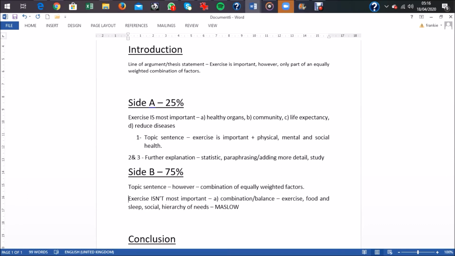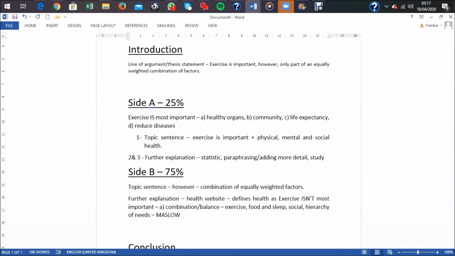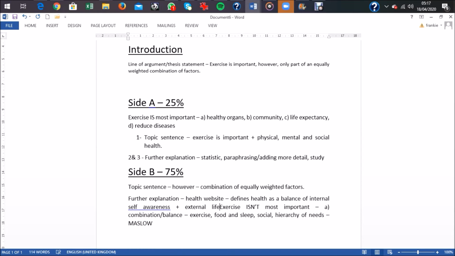And then you could sort of give further explanation, and you might cite like a health website that defines health as a balance of internal, let's say, self-awareness plus maybe external lifestyle.